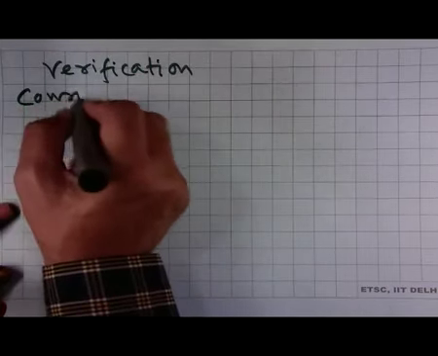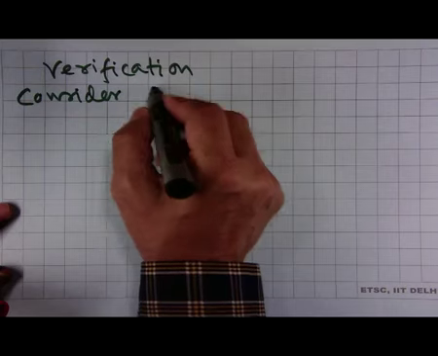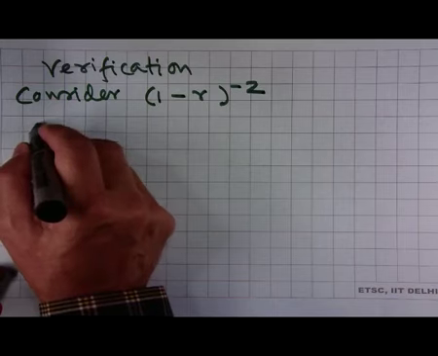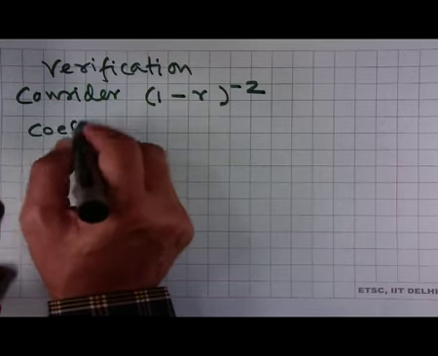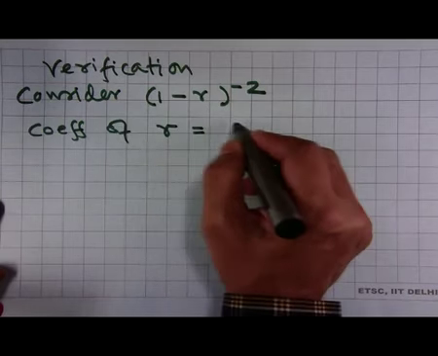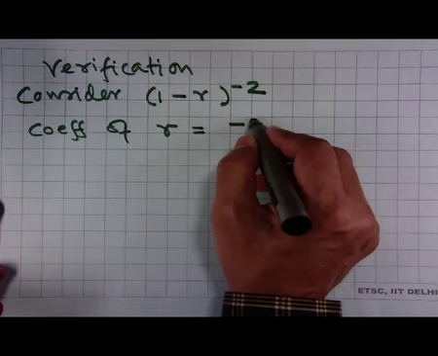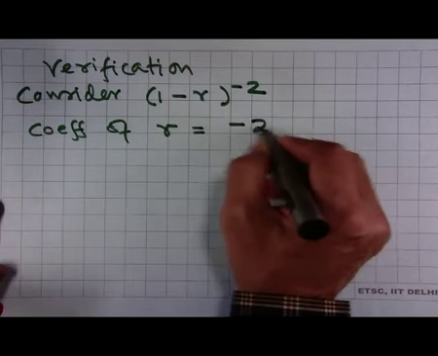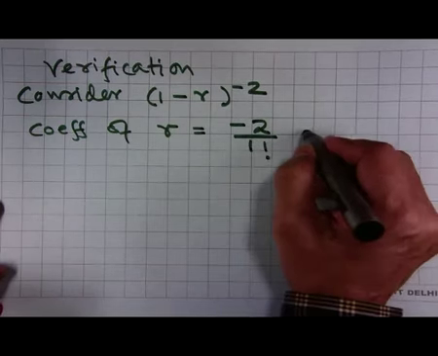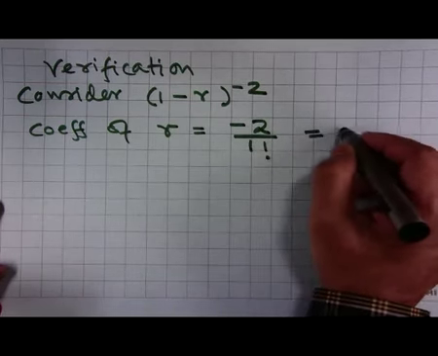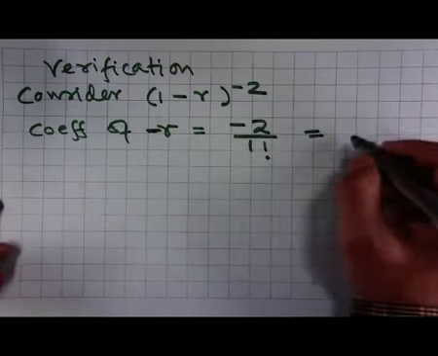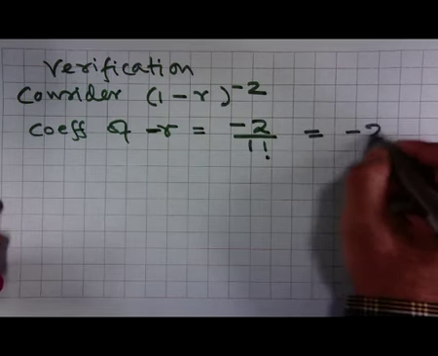Consider (1 minus r) whole to the power minus 2. Coefficient of r is equal to minus 2 upon 1 factorial, which is equal to minus 2.